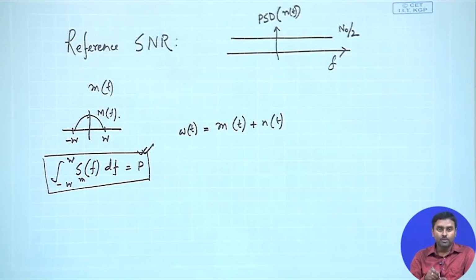Now, what do I want to do? It is a low pass equivalent signal. We have already said that if it is a low pass signal, I am only interested in the message. If I allow the entire band to come, of course, my message will come, and let us assume nothing else we are transmitting, but the entire noise power will come to the receiver, so the signal to noise ratio will be very poor.